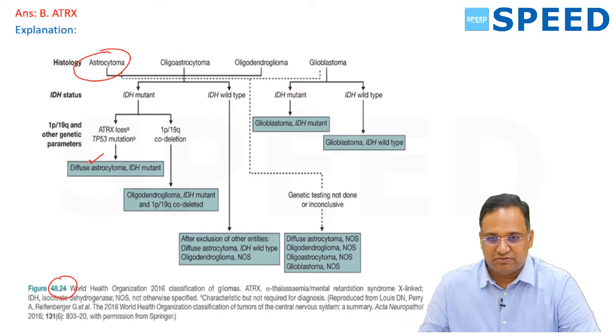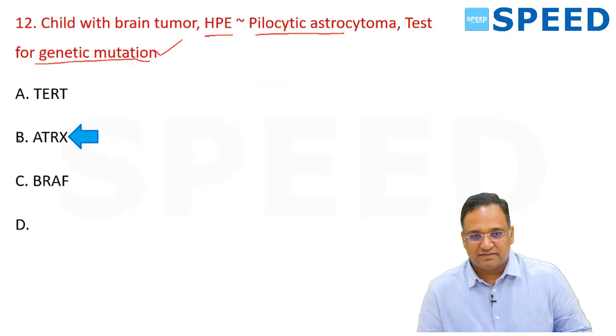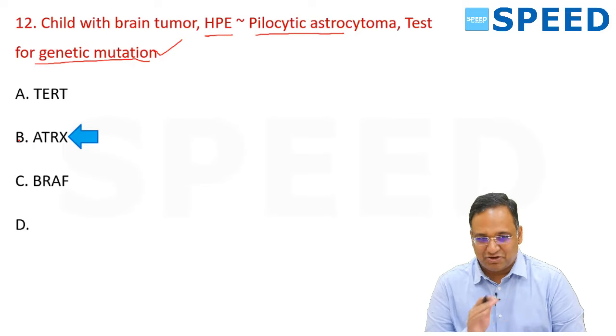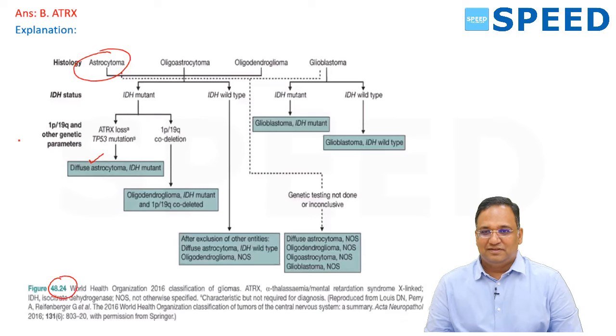Yes, diffuse astrocytoma. 1p/19q co-deletion is oligodendroglioma, an IDH mutant, 1p/19q co-deleted. So, among the list, the best answer available is ATRX, that is related to this. The rest are not even related. So, it is very, very clear.